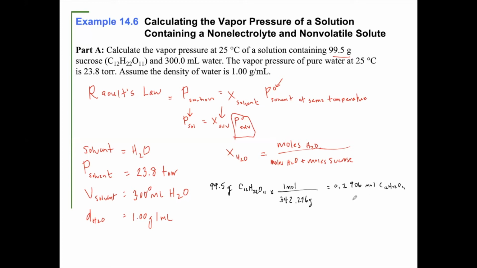Okay, 0.2906 moles of sucrose. To find the moles of water, since the density of water is 1 gram per milliliter, I'm going to say the mass of the water is 300 grams, right? Because if we have 300 milliliters and the density is 1 gram per milliliter, therefore the mass is 300 grams. Okay, so 300 grams of water.